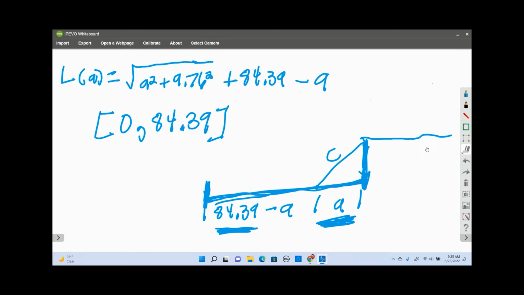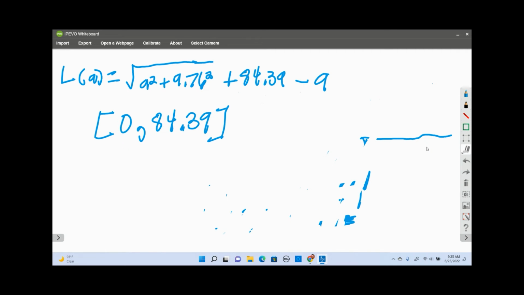Let me erase this down here. A critical point, of course, is a value that makes our derivative either 0 or undefined. So we're going to find the derivative of our function L with respect to A.